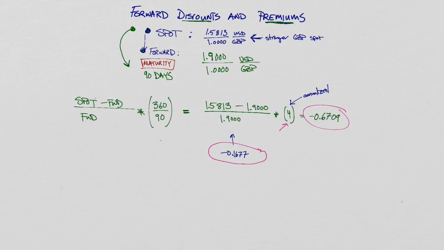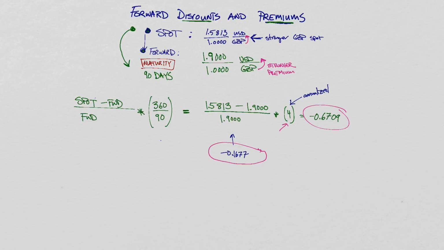So it's negative. Does this mean a discount or does it mean a premium? Really, to answer that with any conclusivity, we should just look at the logic. We see the British pound buys more USD in the forward market. It buys less in the spot market. So the British pound is trading stronger, at a premium, in the forward market.